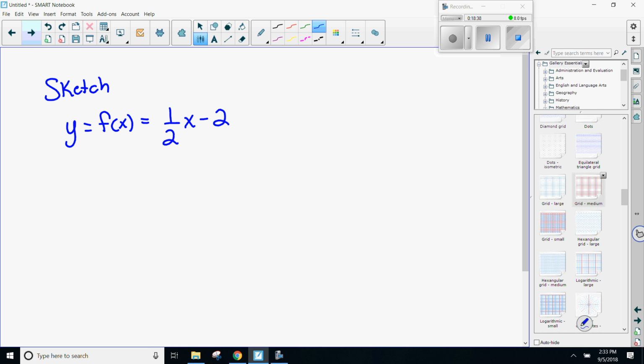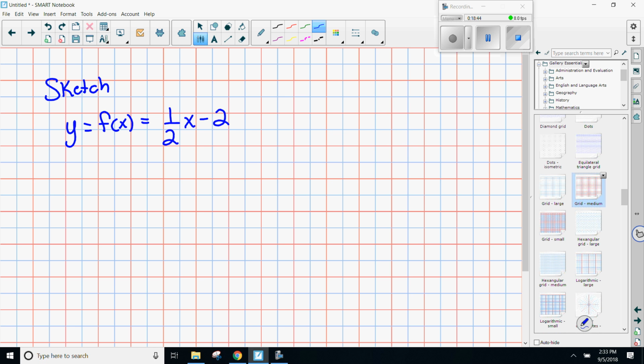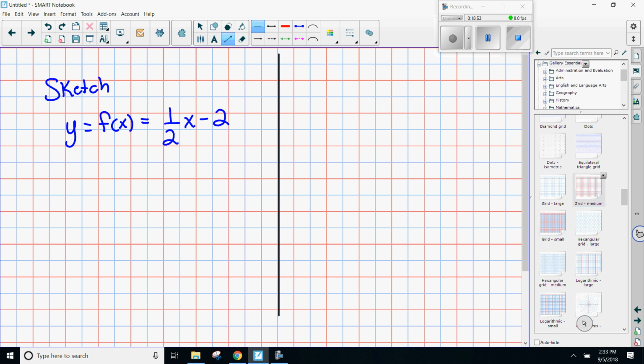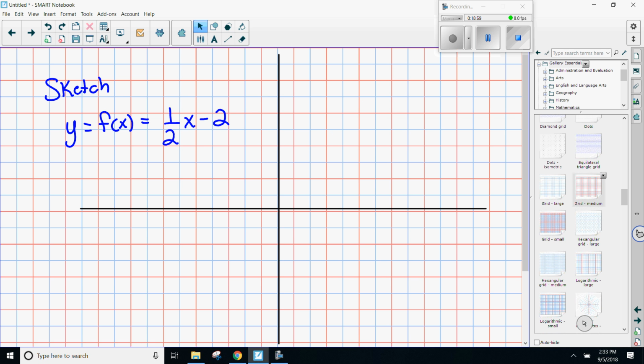I'm guessing most of you wouldn't go to the point of creating an XY table. Is that correct? If they ask you for that, you would know how to do that, which I would find to be kind of ridiculous when you can just come over here and graph it as such.